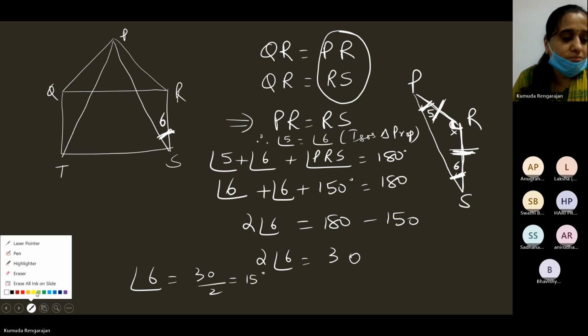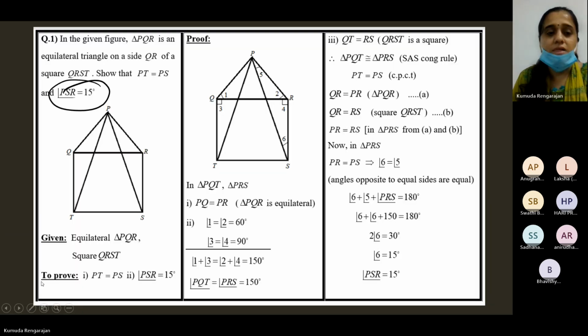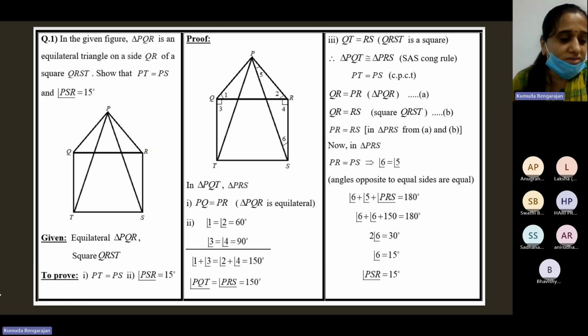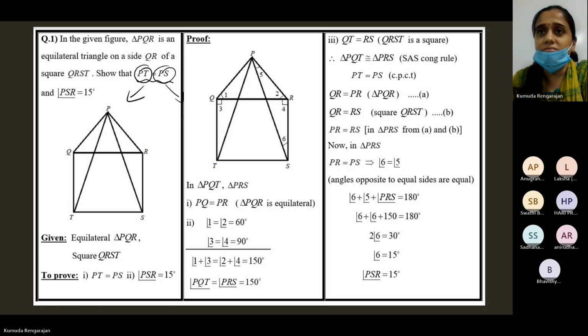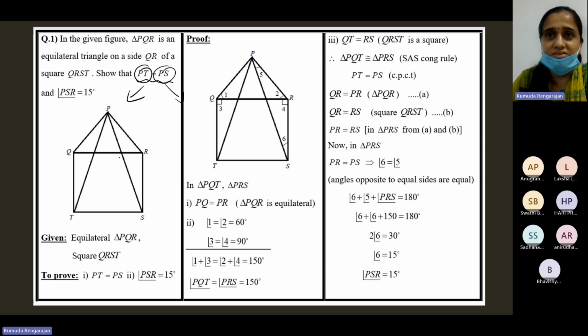So I'll just repeat this. When you have to prove that two sides are equal, just see if this one is a side of a triangle and this one is a side of a triangle. And yes, in this case, PT is a side of this triangle and PS is a side of this triangle.